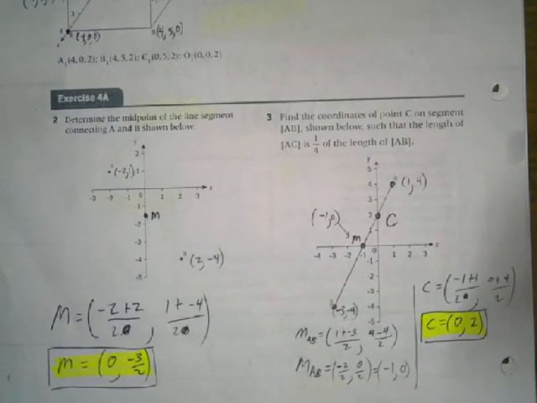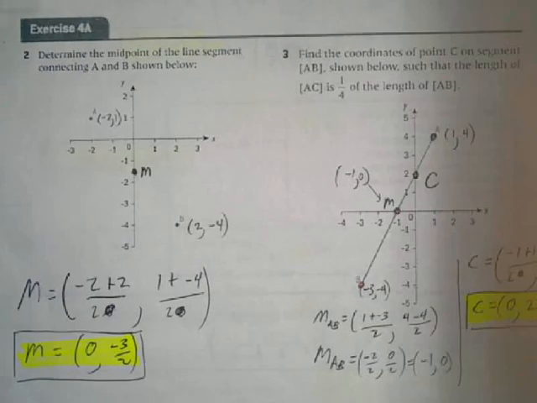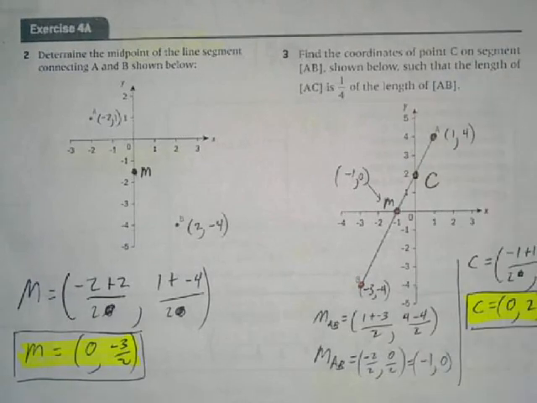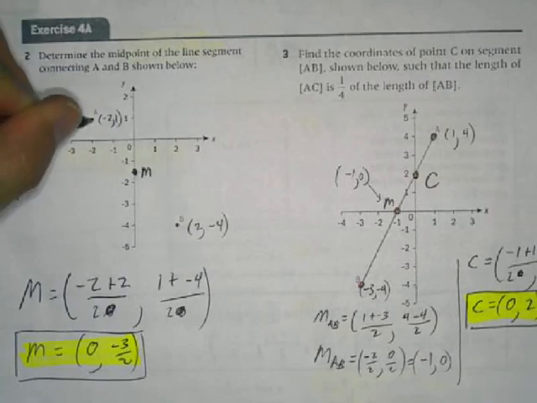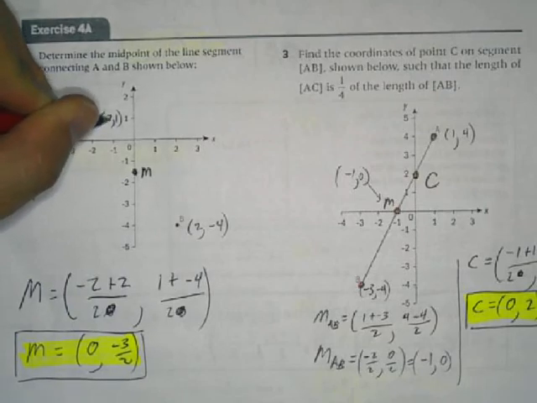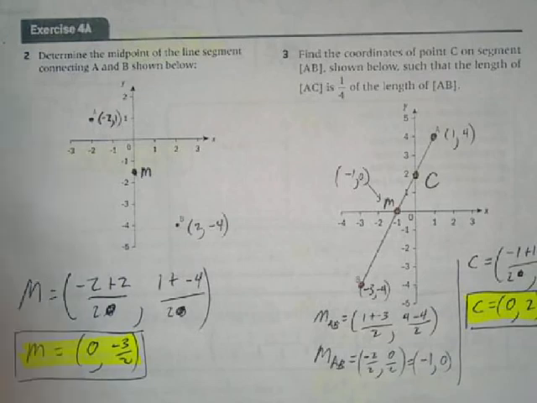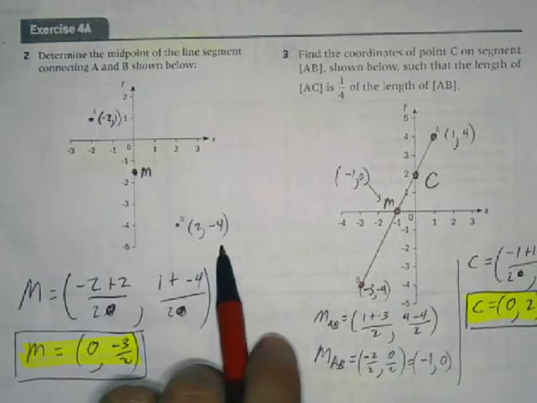Okay, I'm just going to explain the process now, so we can hit pause if you need more time to think about this. Okay, determine the midpoint of the segment of A and B. So from this graph here, you can see that A is -2, 1, and you can see that B is 2, -4.